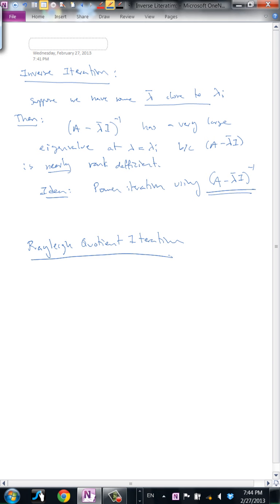So we've already seen the Rayleigh Quotient, although we didn't call it this. So let's briefly discuss what this is. Again, for A, some symmetric matrix, we know that if x is an eigenvector, then Ax is equal to lambda x. But what if x is not?